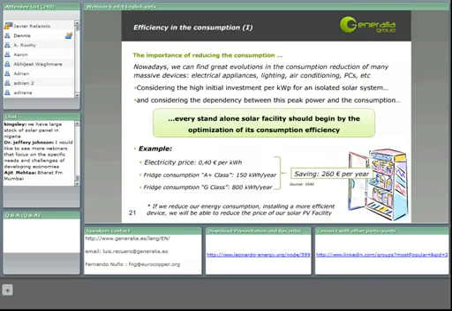This is one of the reasons why some of the inverters also include a charger, as we saw in the slide for inverters.